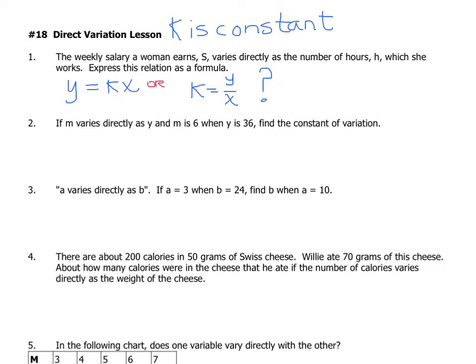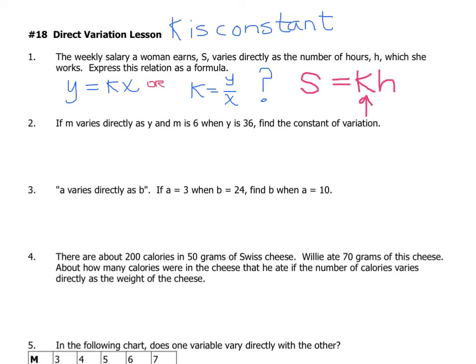We're basically stating the relationship. So you should have that S equals k times H. We don't know how much she gets paid an hour, so that's the constant, and then the H.